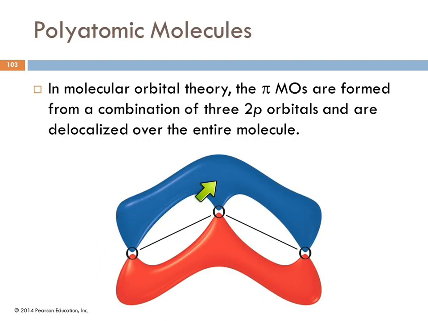And so molecular orbital theory explains how these bonds can be the same. A p orbital from this oxygen and a p orbital from that oxygen and a p orbital from this oxygen all combine to make this weird shape. And the electrons in these orbitals are delocalized. They're shared over the entire molecule.